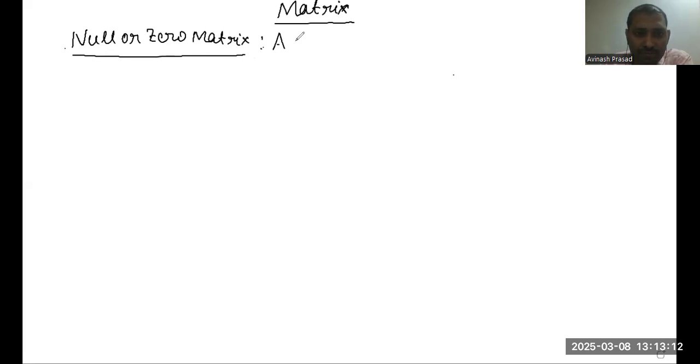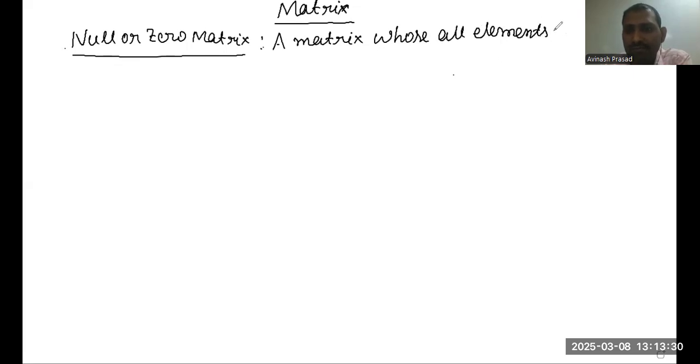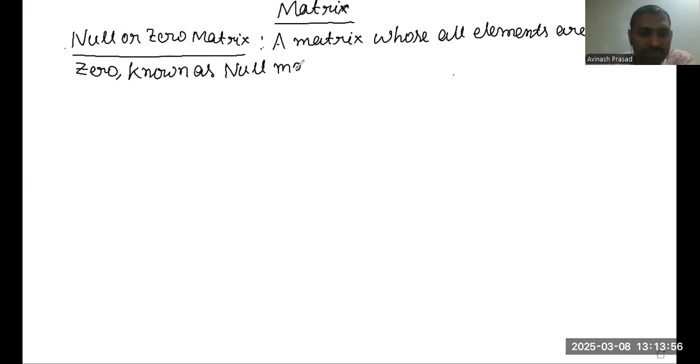A matrix whose elements are all zero is known as a null matrix.